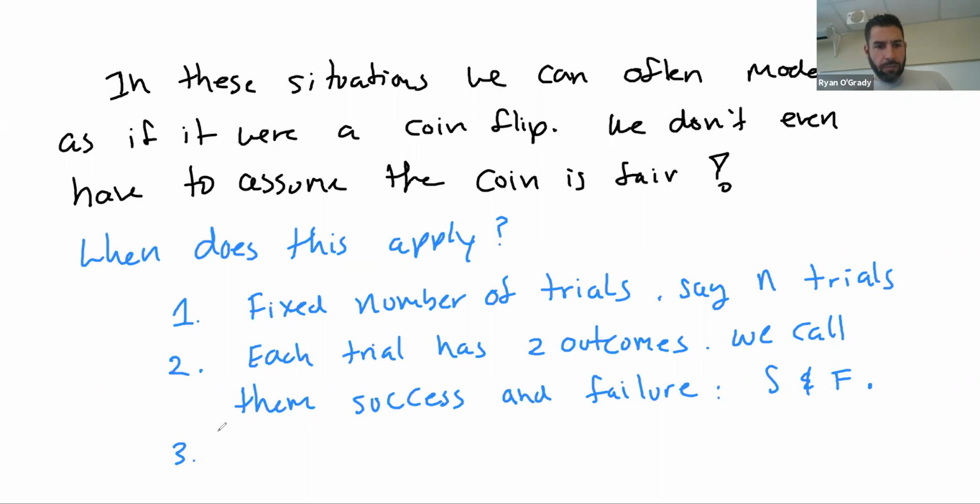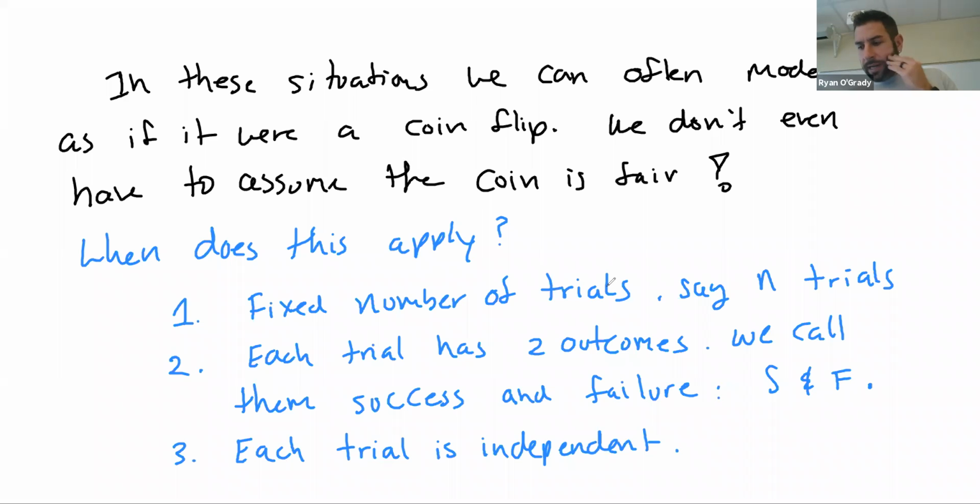The other thing that's important: what do we know about coin flips? The fifth coin flip doesn't care about the second or third. What's the fancy way of saying that? Each trial is independent. So the fifth thing doesn't care about the second thing. The 14th thing doesn't care about the 10th thing.